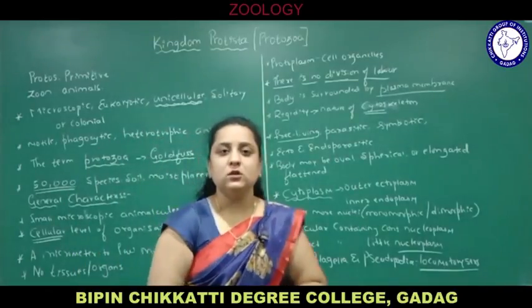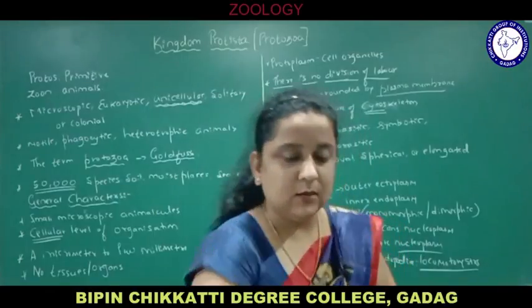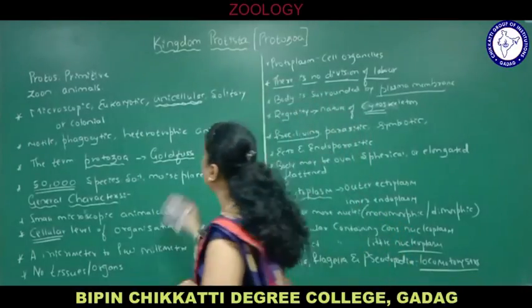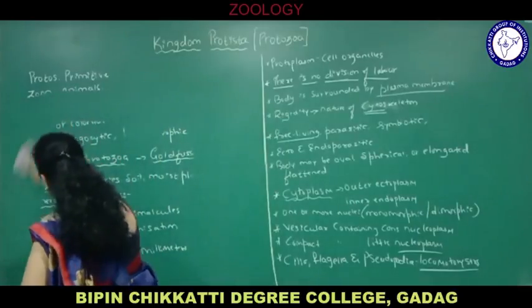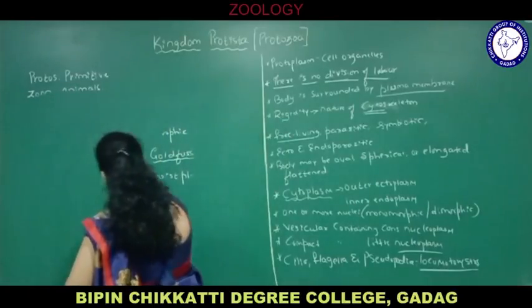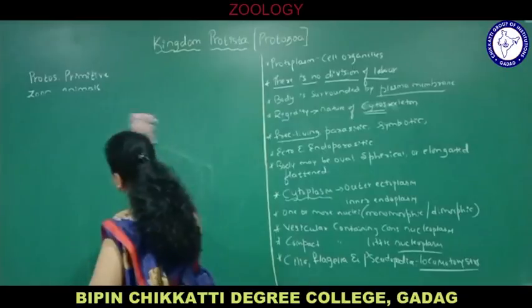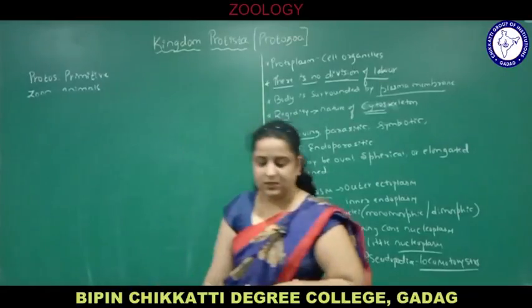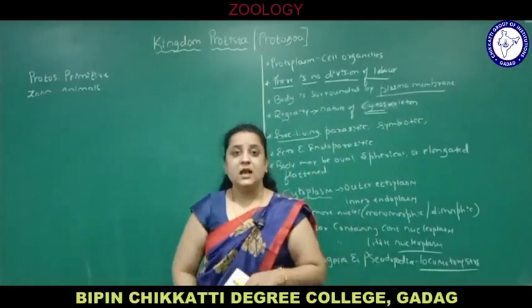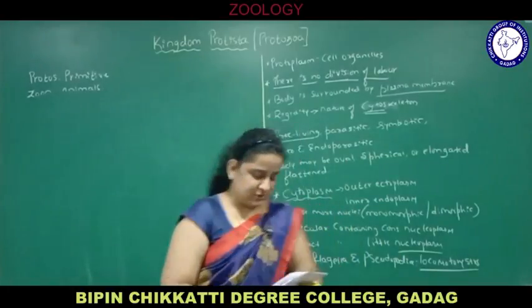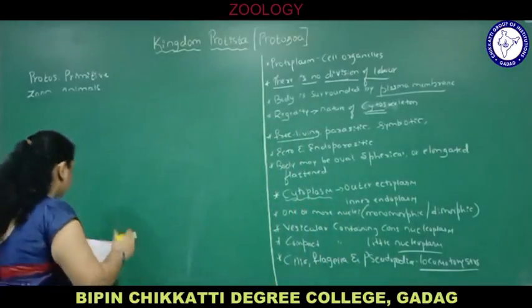Now we will see nutrition. What type of nutrition do you find in phylum Protozoa? Nutrition may be holozoic. As in humans we have holozoic mode of nutrition, that is ingestion, digestion, absorption, assimilation and egestion.